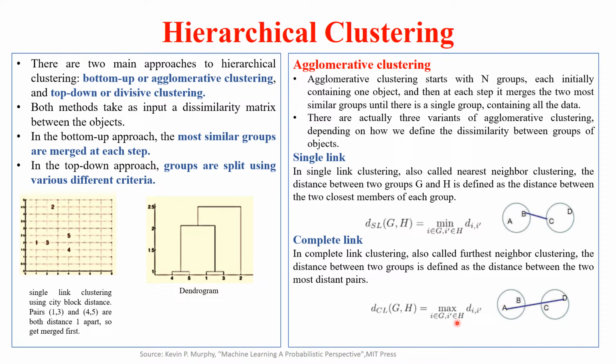So here again, A and D are the most distant pair. Which means both A and B should be within the threshold to C and D.